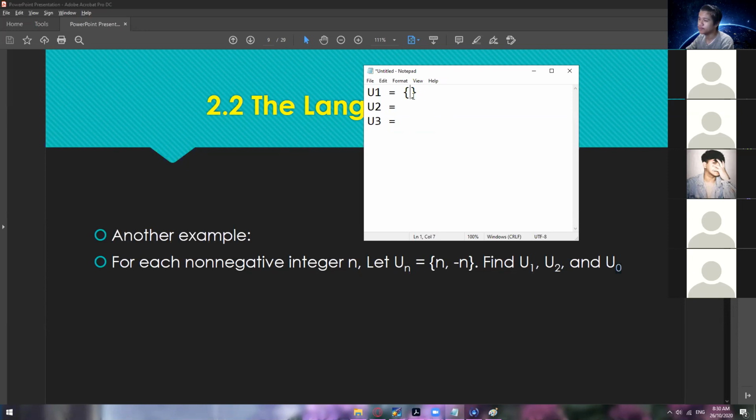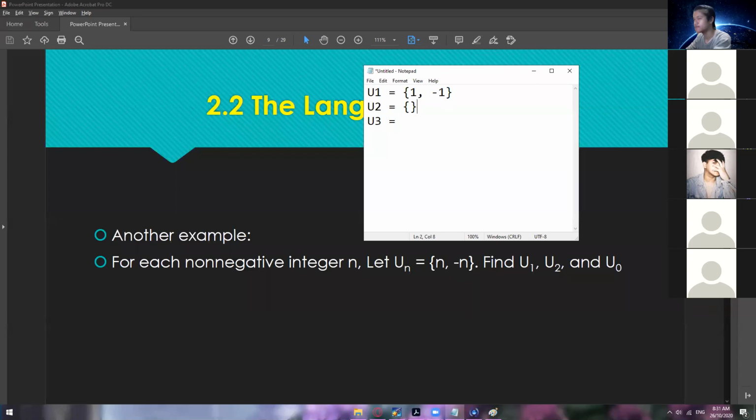So for the u sub 1, it's 1. So all you need to do is substitute this value to our n. So we have set u sub 1 with an element of 1, and then element negative 1. Kinopya ko lang dito yung sign. We have here a positive and then a negative.